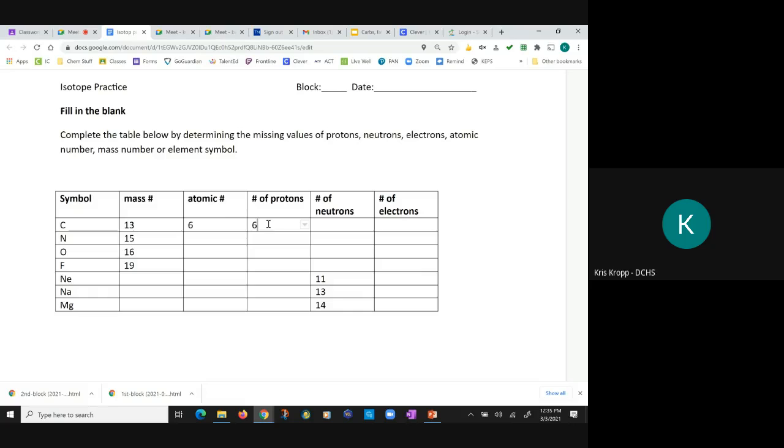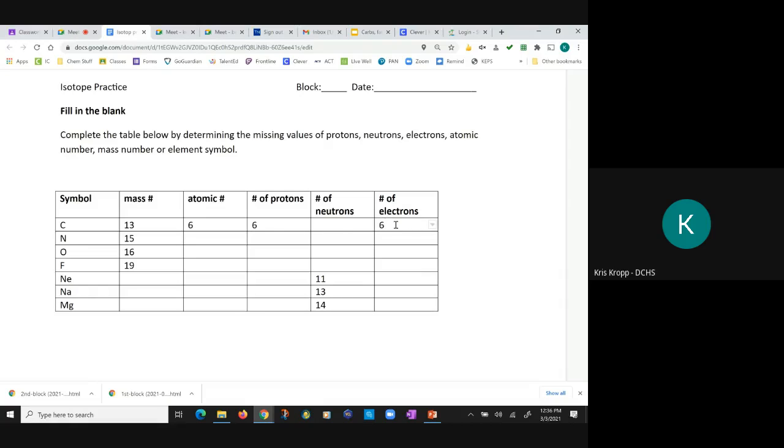Take note. There's no charge next to my element symbol. If the symbol has no charge, what else do I automatically know? Well done. Jacob, Audrey, Livia. Yes, the number of electrons is the same as the number of protons. If it doesn't have a charge, protons and electrons are equal. So I can go ahead and put that in.